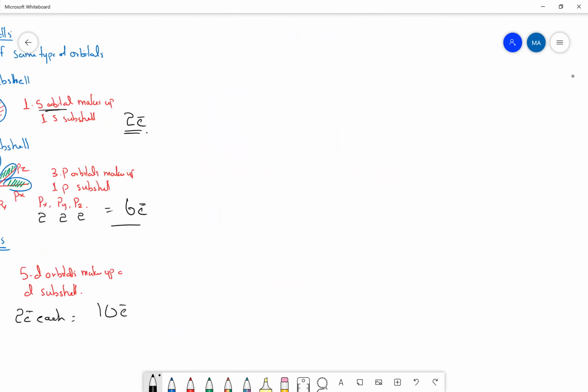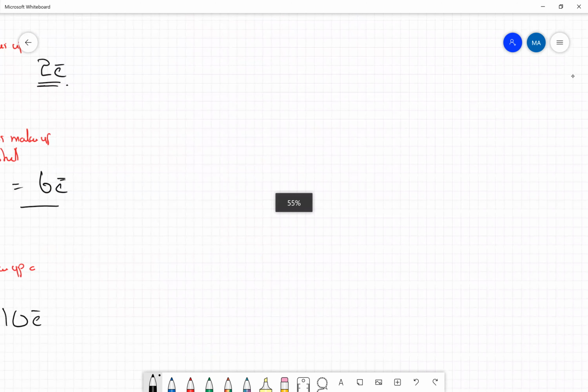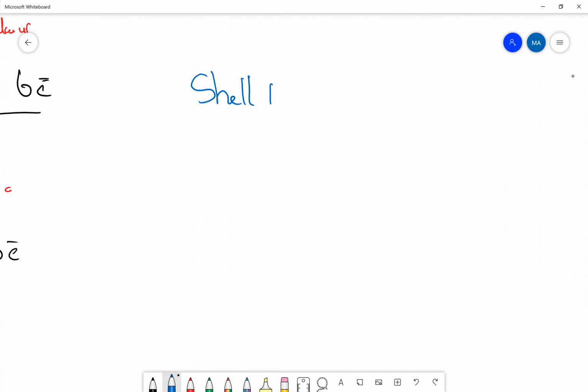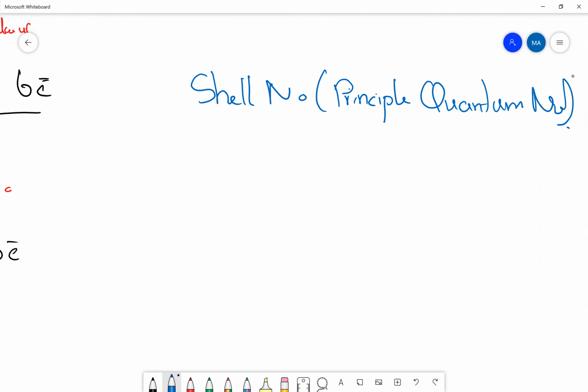Okay. Shell number, also known as principal quantum number. You should know how to write these electrons, how to write a shell number. So let's say the standard notation is 1s2.